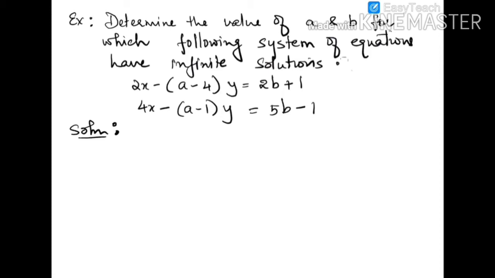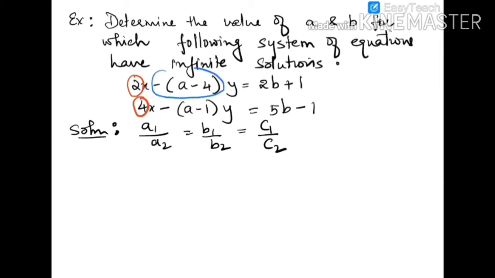For a system of equations to have infinite solutions, the condition is a1 upon a2 equal to b1 upon b2 equal to c1 upon c2. Now in this equation, the red circles show the coefficient of x, which is a1 and a2.